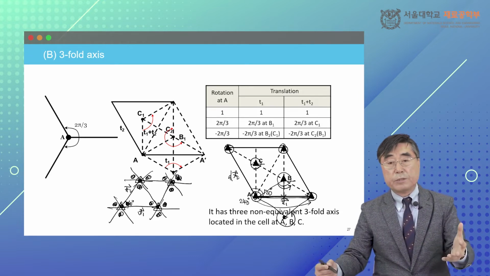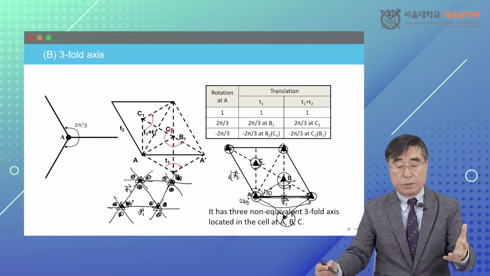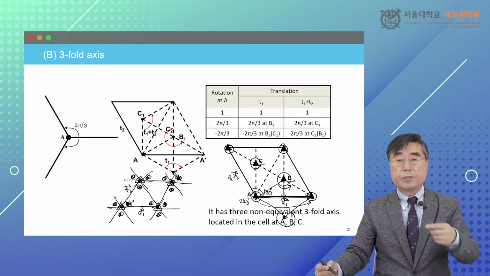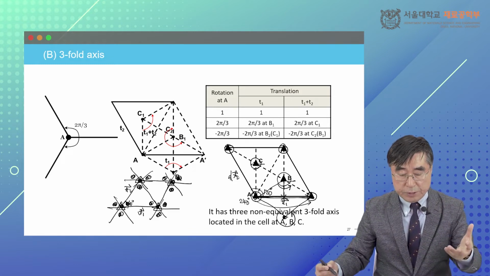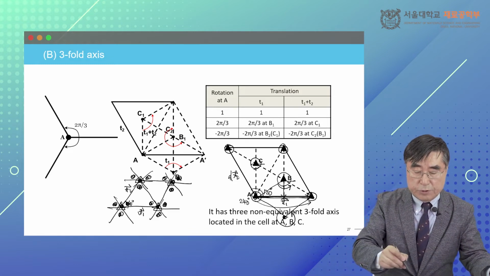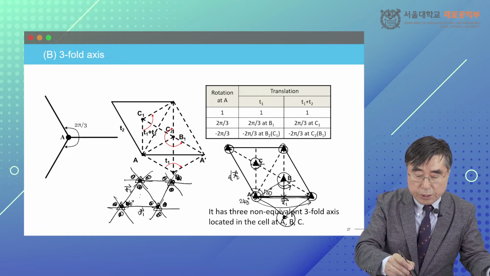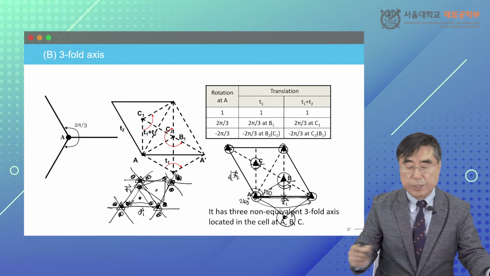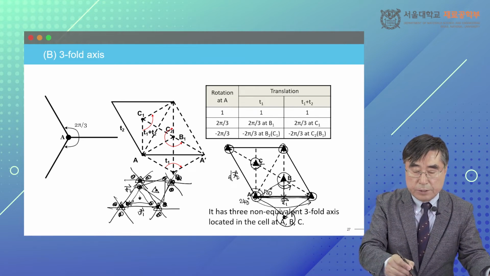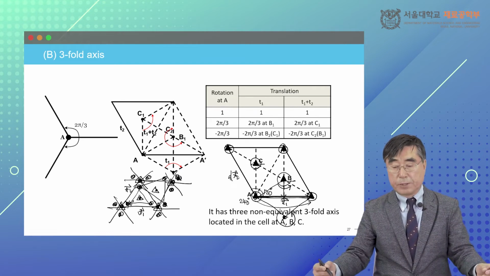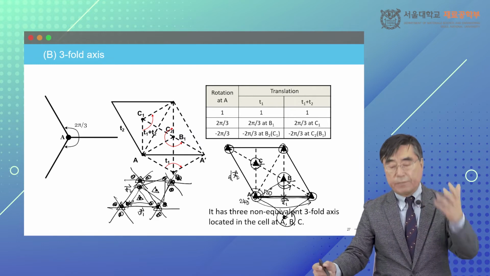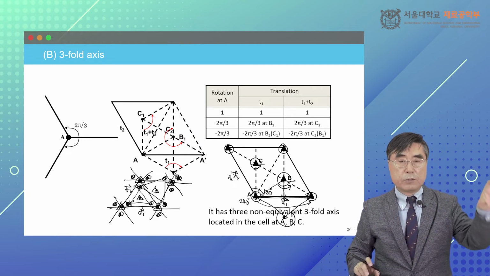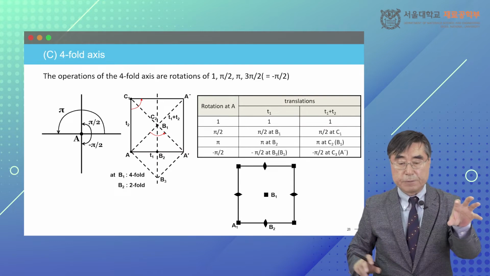This is the operation that you have to do based on the lattice point definition and based on rotational symmetry. Now you see immediately that there is threefold rotation in here. Okay? Threefold rotation, and there is threefold rotation in here. The symmetry elements are here, so there is threefold developed. So these are developed symmetry elements based on rotation and translation.